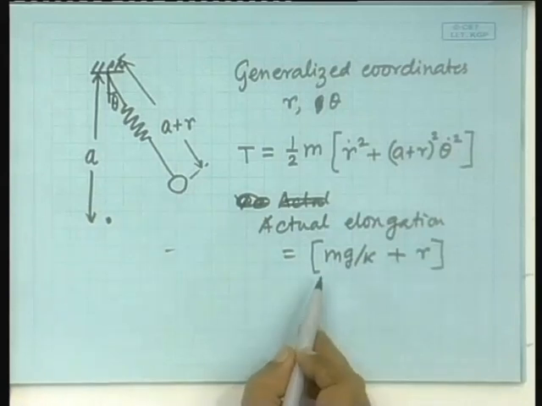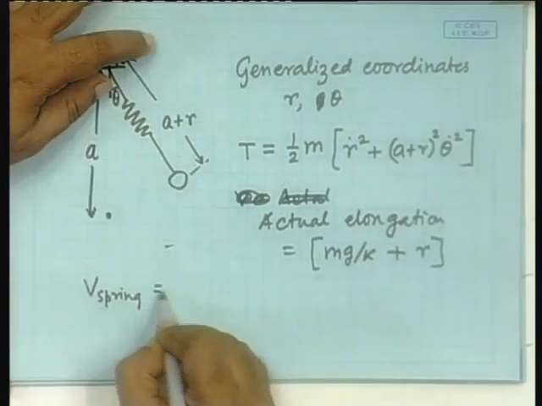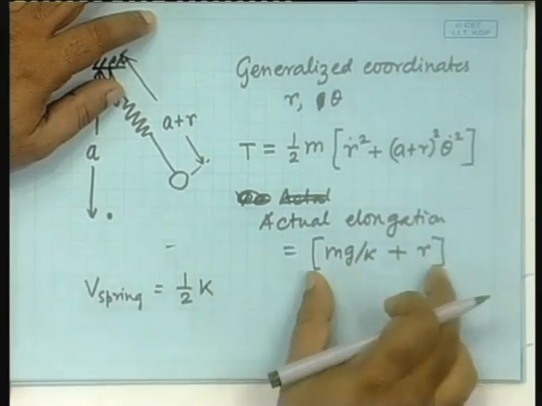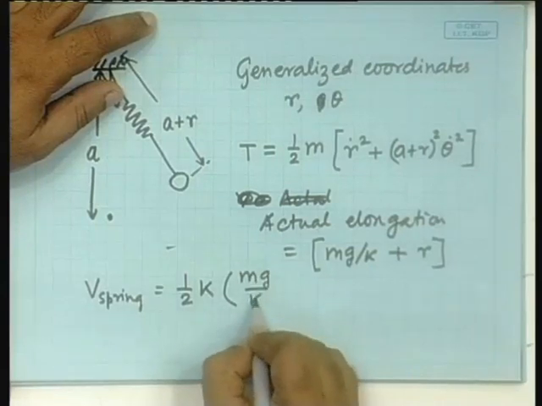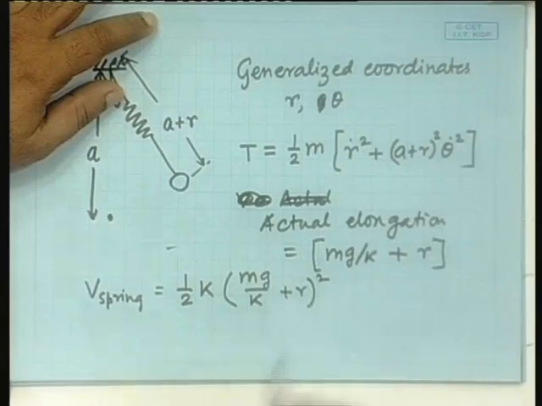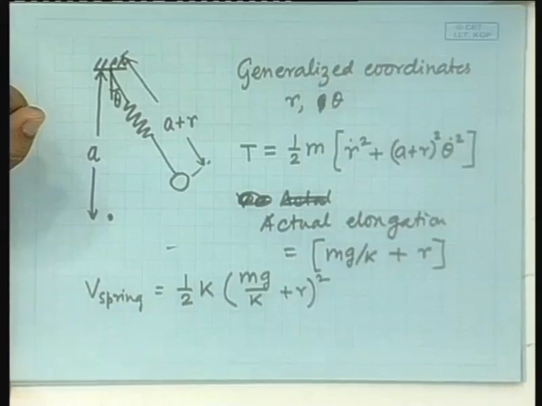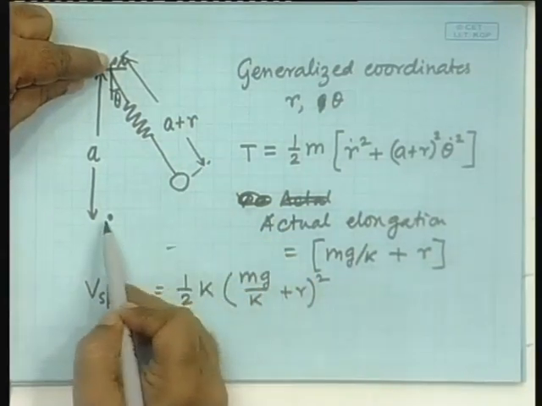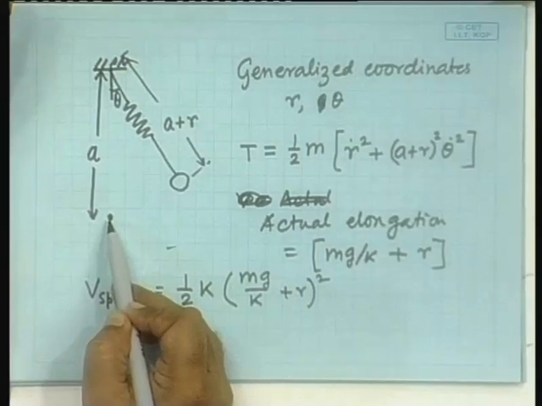So the potential energy in the spring is half k into the actual elongation square. So that is the amount of energy in the spring. Right? When it is hanging vertically in this position, then the gravitational energy is 0, and we are taking that as the datum and counting gravitational energy from there.